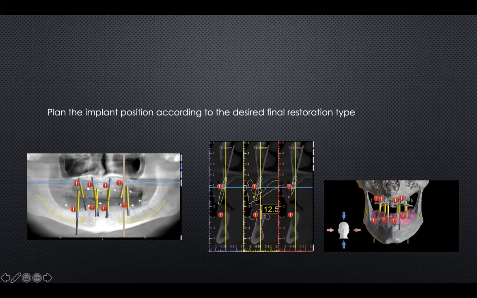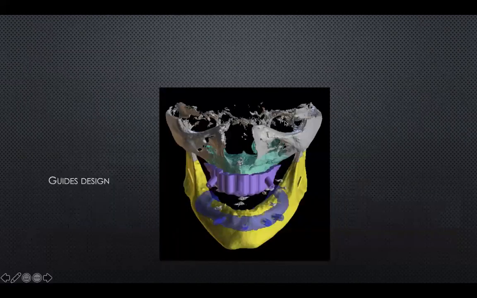What if we don't have enough space? Then we have to place our implant a little bit more apically or subcrestally, and we have to grind the extra bone away. And that's how we fabricate something called a bone reduction guide. This is how it looks. So this is the bone reduction guide.